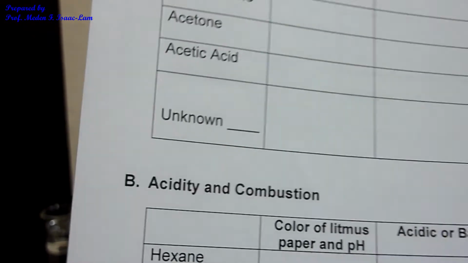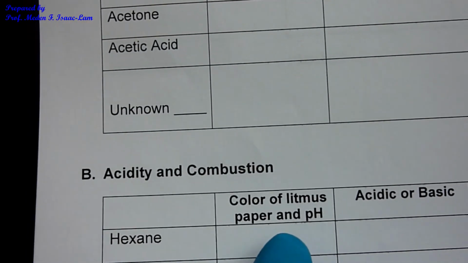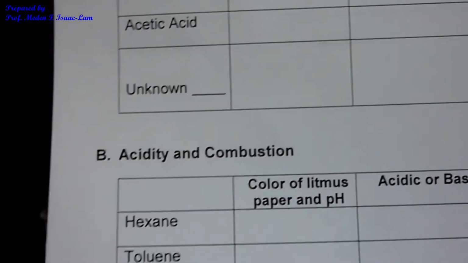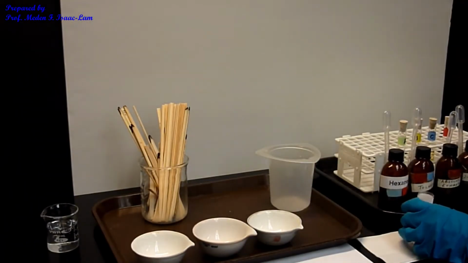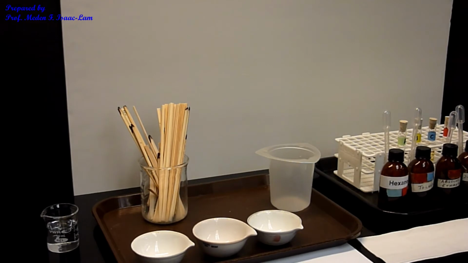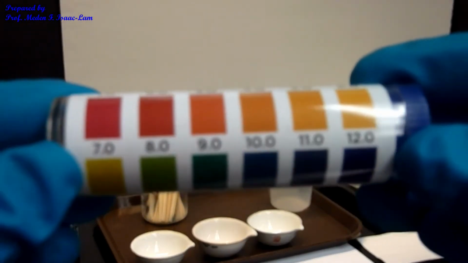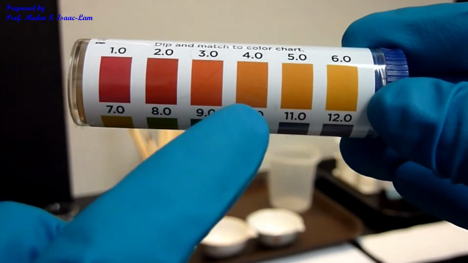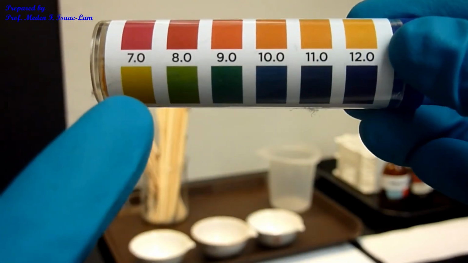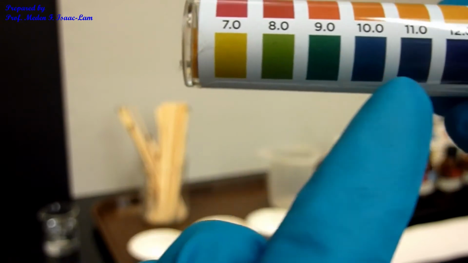Okay, so we're gonna check first the color of the litmus paper, and then the pH. Write down the color and then the pH, and then identify whether it's acidic or basic. We have a pH paper in here, so there's a scale. So 1 is red, and then it becomes orange, and then yellow, and then green, and then blue.